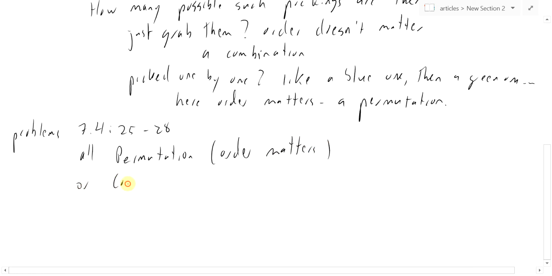These problems just ask, which one is it? We're talking about the order of the selections. Does that order matter? If you just grab a bunch of M&Ms and pop them in your mouth, it really doesn't matter what order they were picked in.